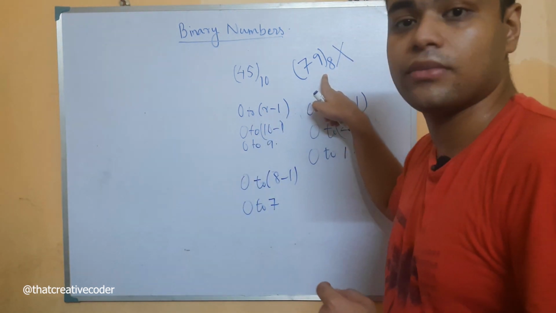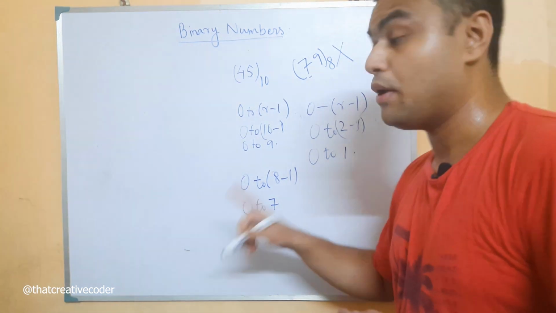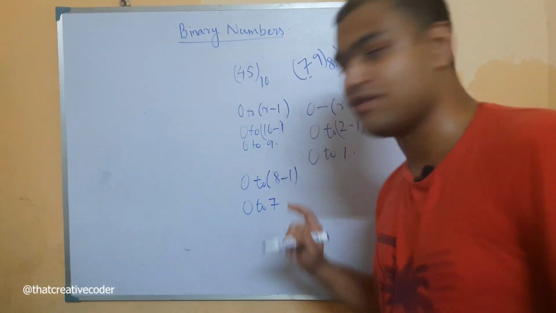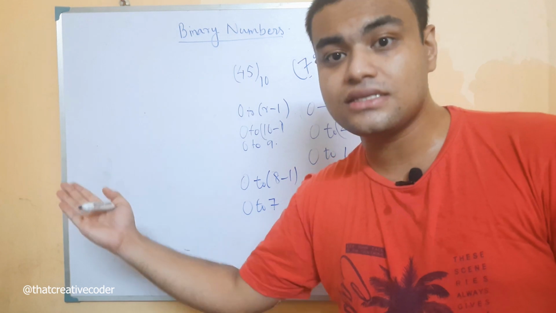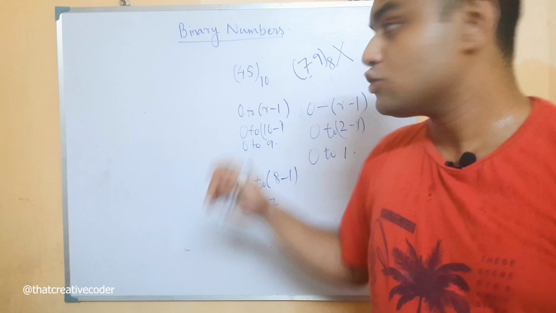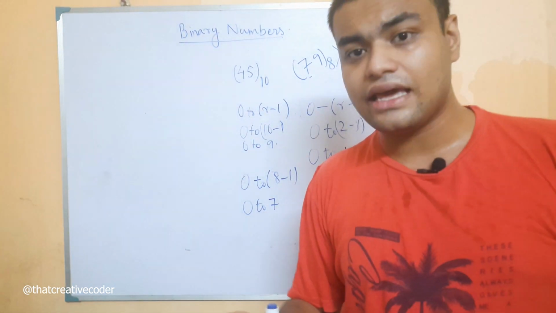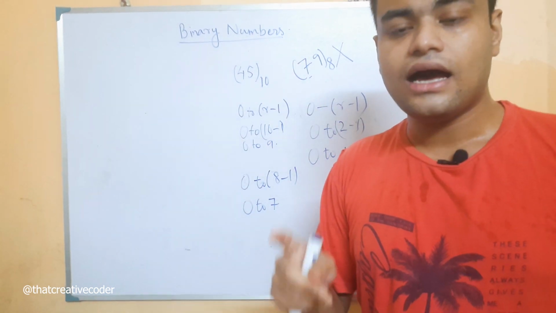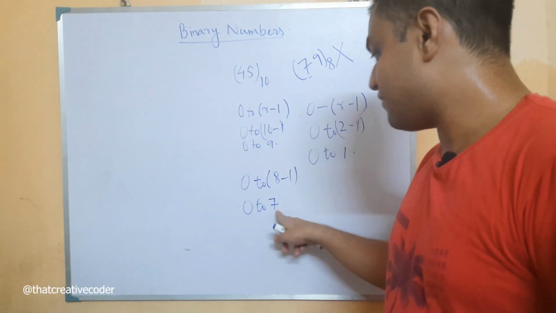It is not an octal number because, although 7 falls in the range of 0 to 7, the 9 does not. 9 is not a part of the octal number system. So we cannot say that 79 is an octal number, because we have 9 in this number, and 9 does not fall in the range of 0 to 7, right?